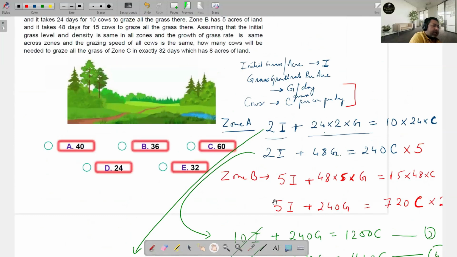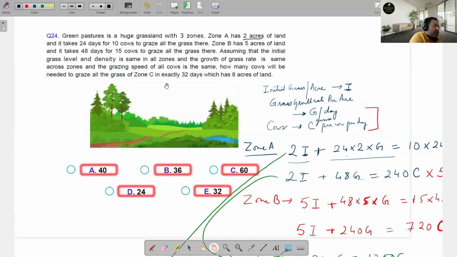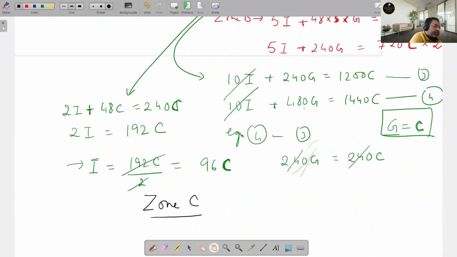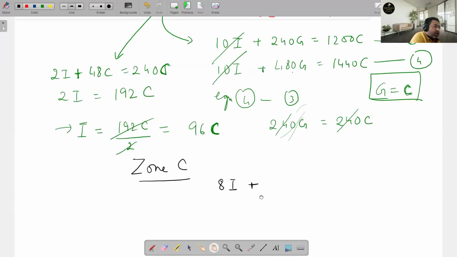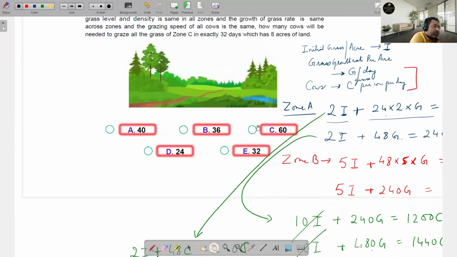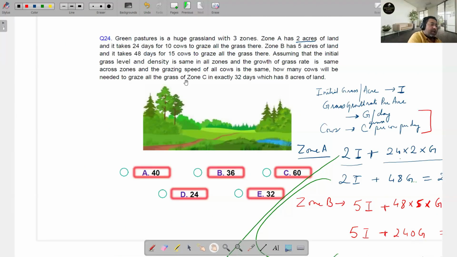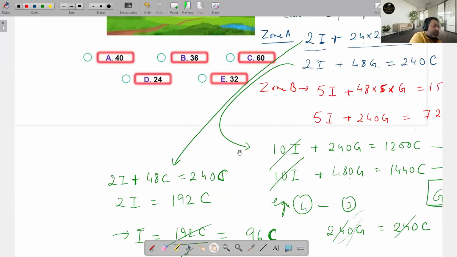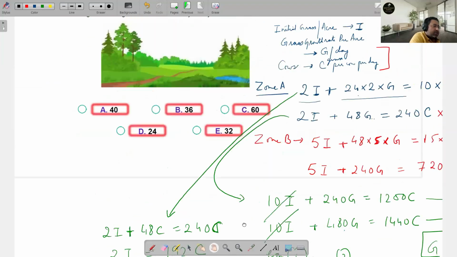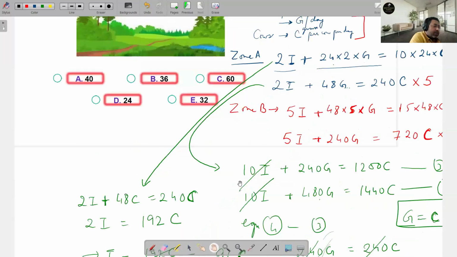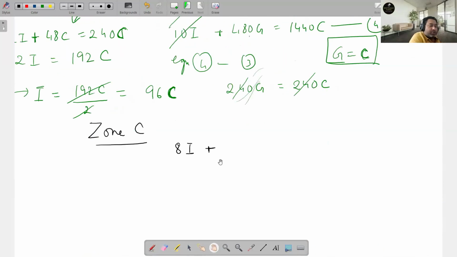Zone C has 8 acres, so it is going to be 8I, initial grass, plus it says how many cows will be required in 32 days. If the grass is growing for 32 days, we need to find the number of cows in this question. Number of days is given, but we require how many cows, how many resources are required.